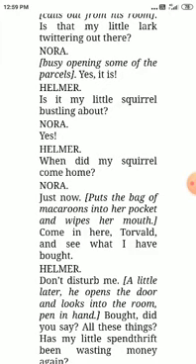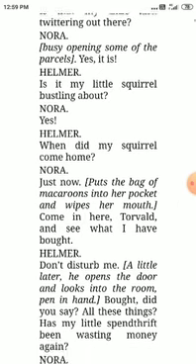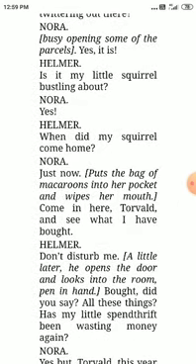You will notice this, and these things are important to notice because you will see the development of Helmer and Nora's character in the play and how it contributes to the theme of the play. How a woman is treated by a man like his pet or a property, not like a life partner.